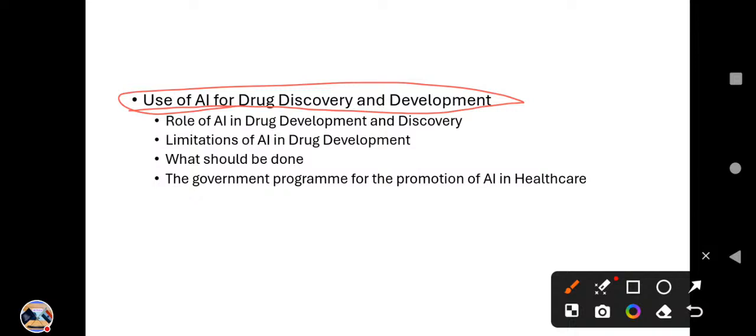I will give you the quick facts. Artificial intelligence is transforming drug development by accelerating discovery and targeting those parts which are creating various diseases; cancer cells, for example, can be diagnosed by artificial intelligence.